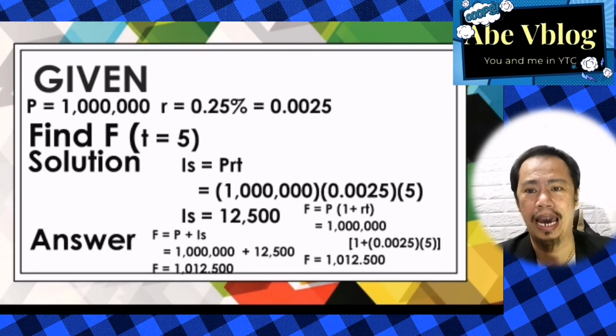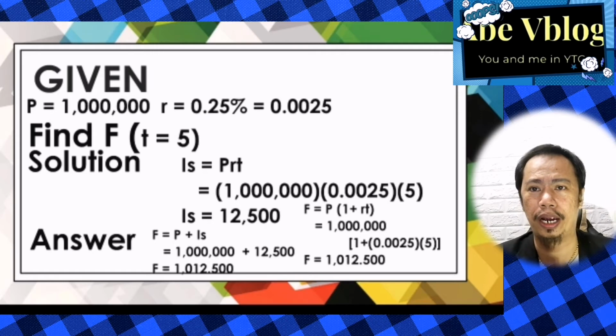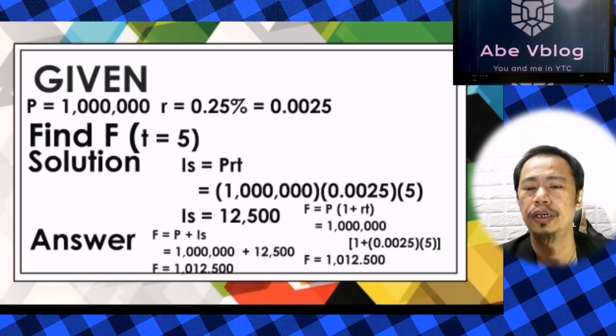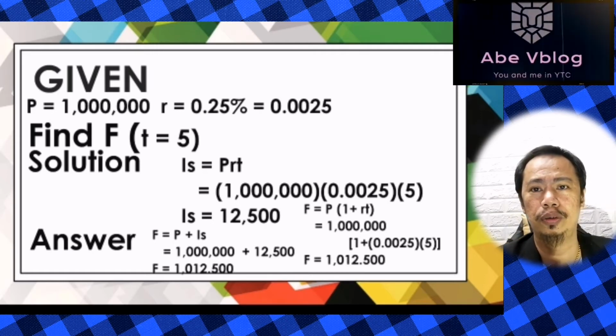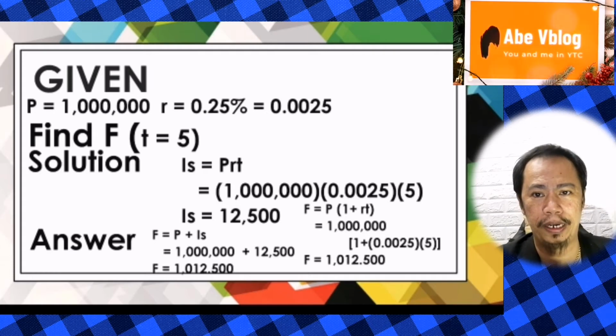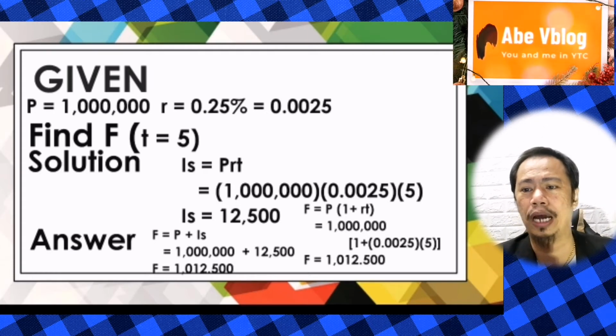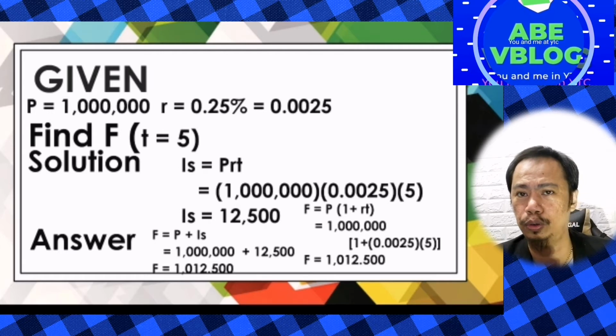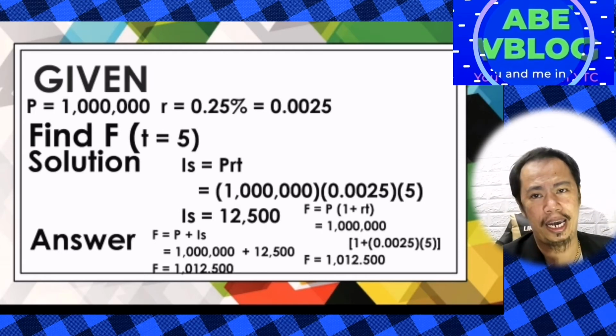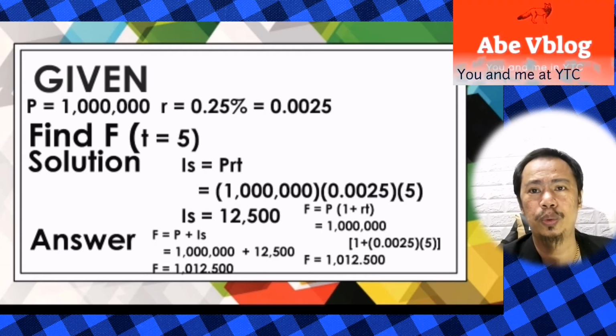Now, let's go to 5 years. Let's compare the 1 year to 5 years. We still use the formula IS equal to PRT. So we got 1 million times 0.0025 multiplied by 5. Then the answer is 12,500.